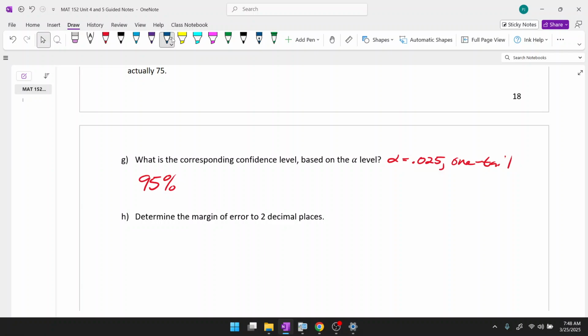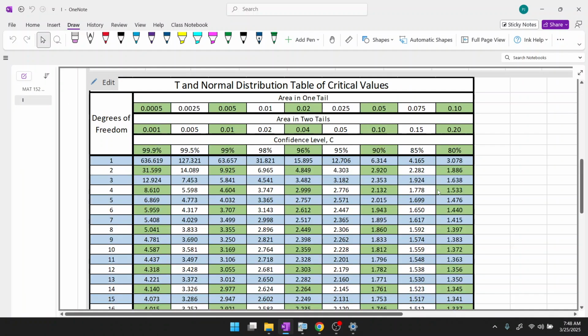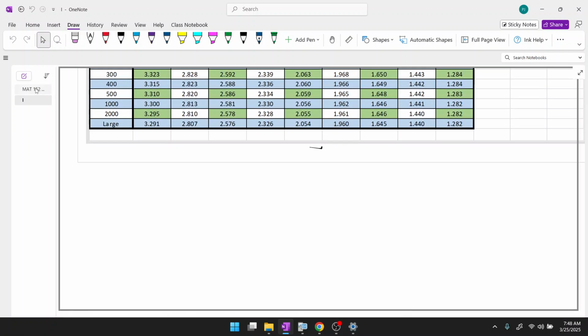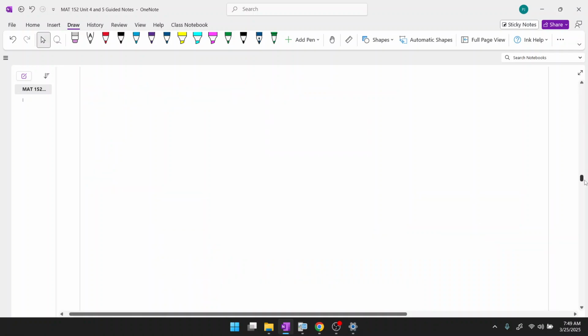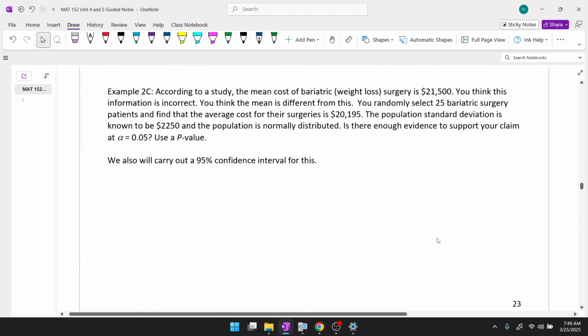Now, if you remember, your margin of error is your critical z-value times the standard deviation over the square root of your sample size. The nice thing is we've already figured out the critical value, which was 1.96. You use the same exact thing as you did before. So let me go back to where I had this.